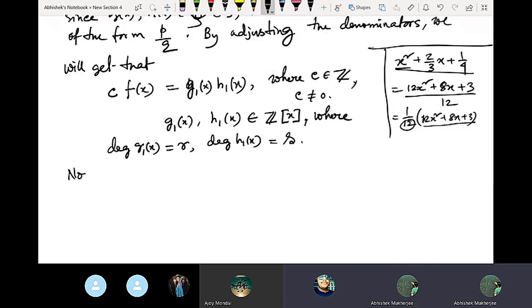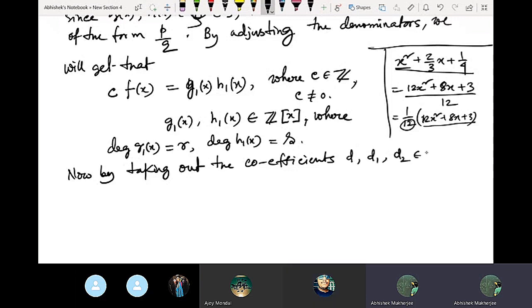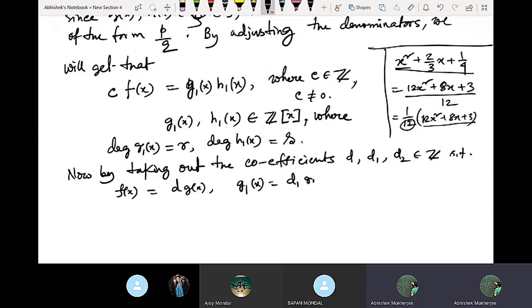Now by taking out the coefficients, if possible, of course, coefficients d, d1, d2 belong to Z, such that fx will be written as d gx, g1x will be written as d1 g2x, and h1x will be written as d2 h2x.